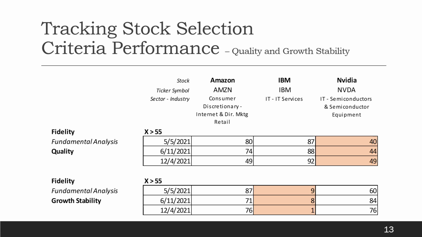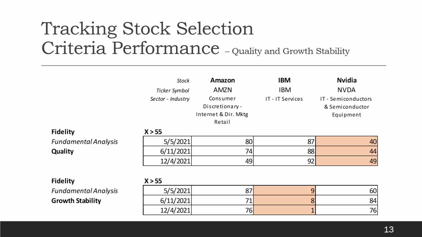Quality and growth stability, accrual ratio, return on invested capital, and working capital to sales are some of the underlying factors in the term quality as constructed by the research firms of S&P Global Market Intelligence for Fidelity Investments.